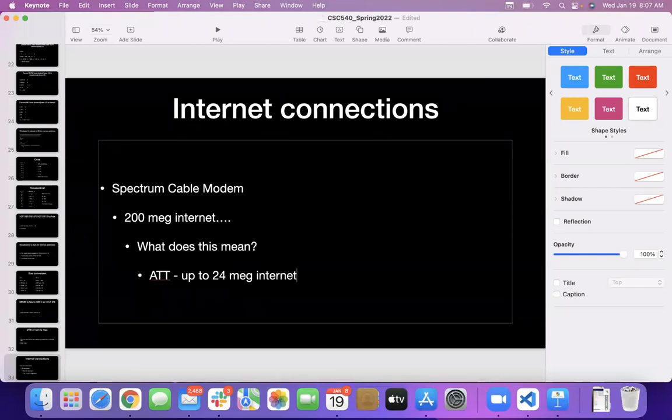So when you're looking at it just like that, or even if we assume that this is megabits per second, so AT&T advertises theirs like this, Spectrum advertises theirs like this. Any way you cut it, this 200 is a lot bigger than the 24 from AT&T. All right, and we'll talk about those differences here in a minute.